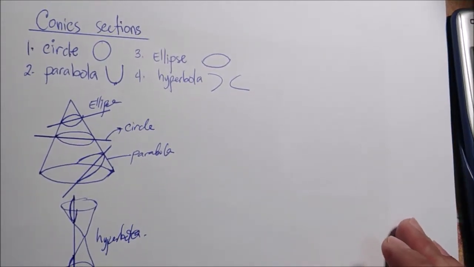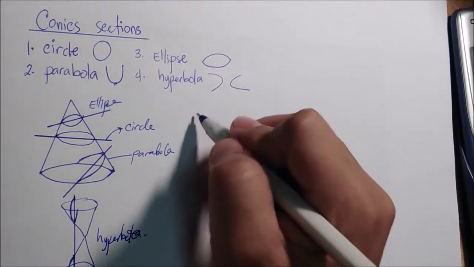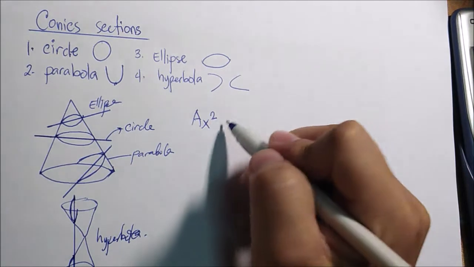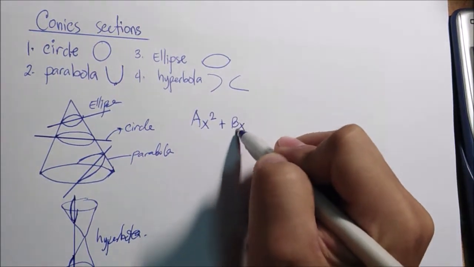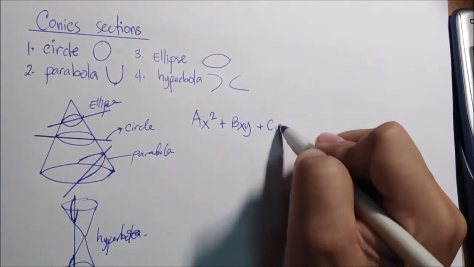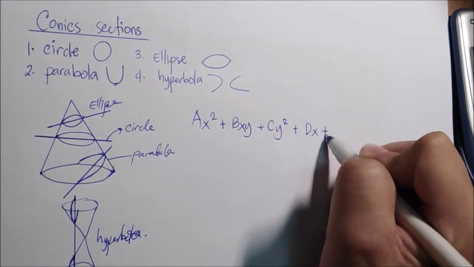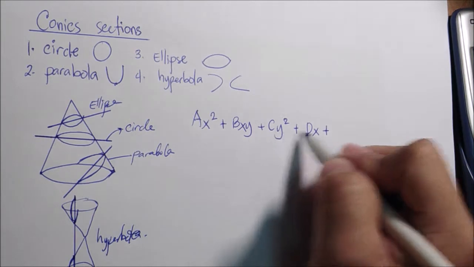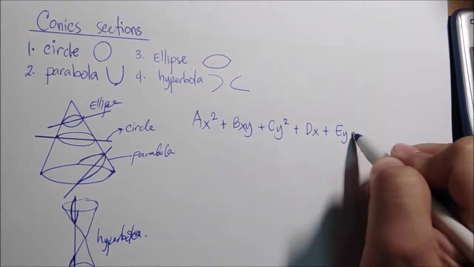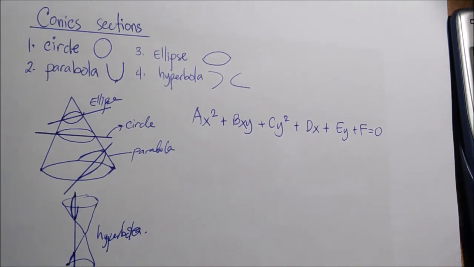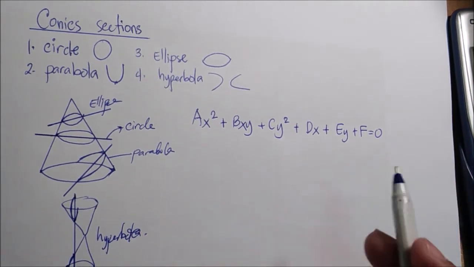Now the general equation of a conic section is ax squared plus bxy plus cy squared plus dx plus ey plus f equals 0. This is the general equation of all conic sections.